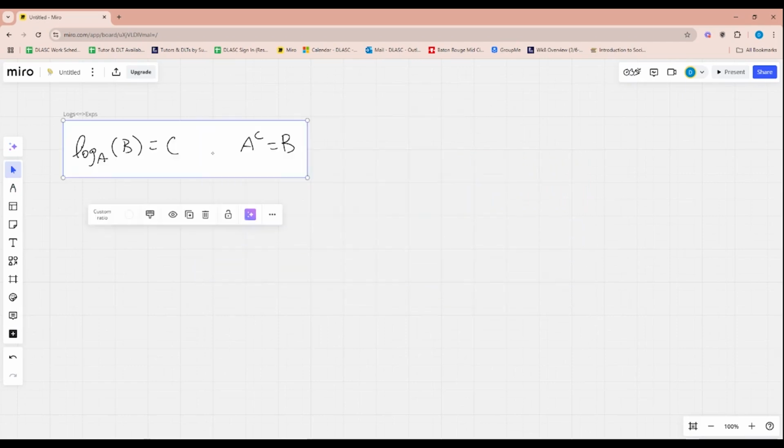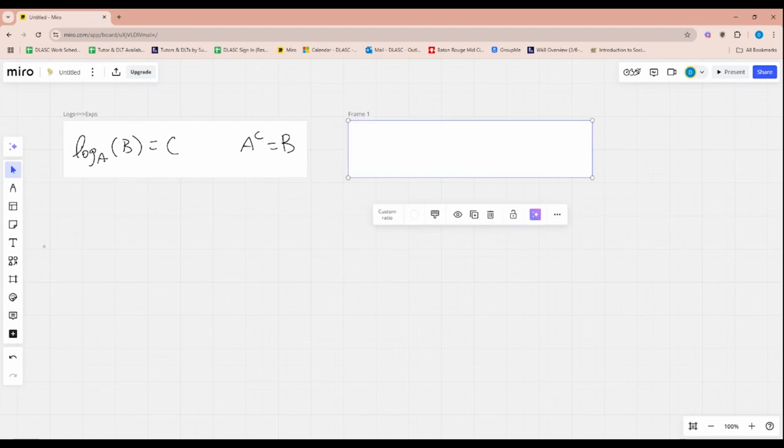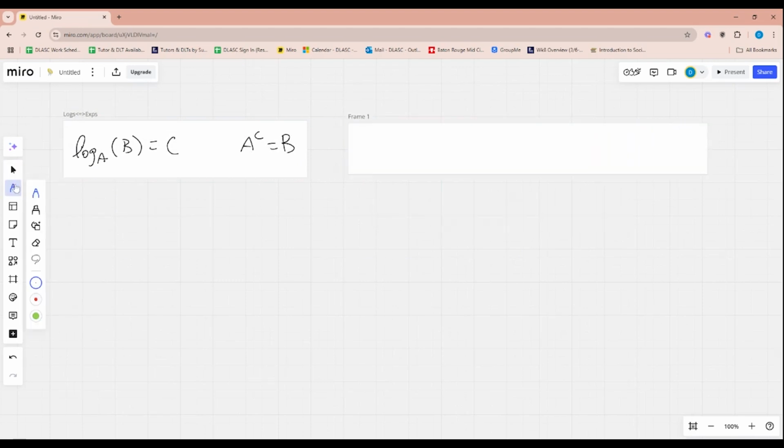Then we also need to note what the product rule is. The product rule states that log base a of b times some other constant, I'm just going to say d, is equal to log base a of b plus log base a of d.